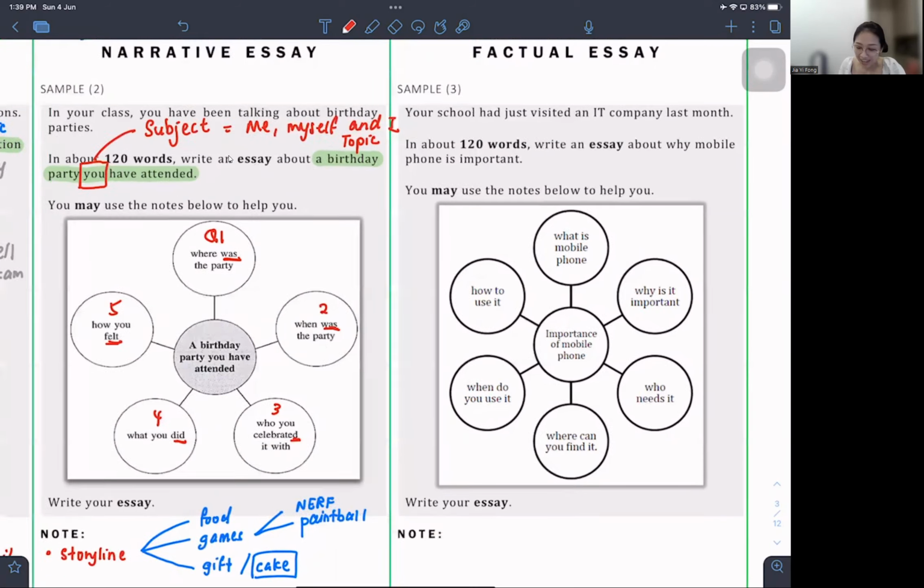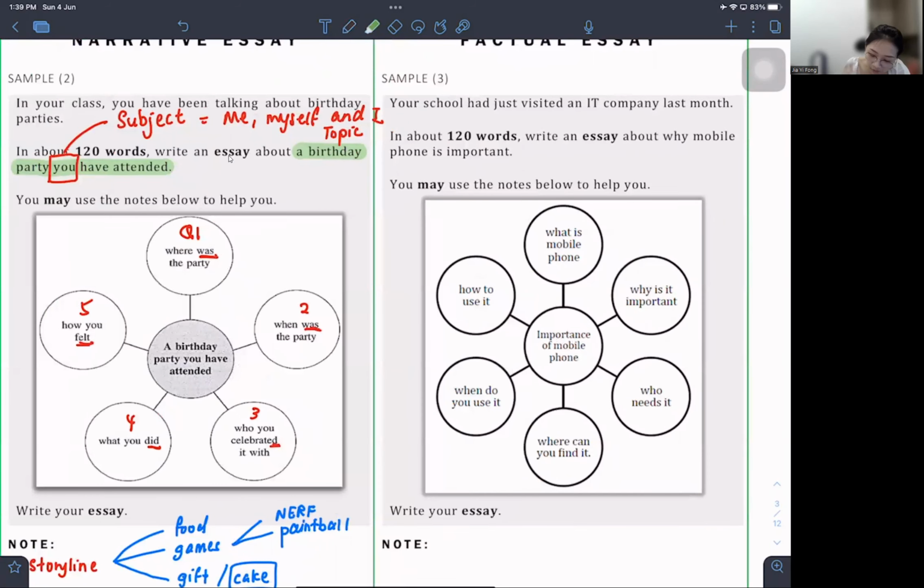All right, everyone, come. Let's go through the question. So my topic is very obvious here. Why mobile phone is important. So we have question 1, 2, 3, 4, 5, 6. Okay, everybody. Now, can you tell me, in my sample number 3, in my question 3 here, what is my subject?